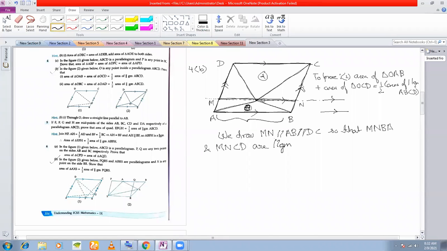So therefore, the area of this triangle, that is OAB, must be half of this parallelogram. So we write: area of triangle OAB must be equal to half the area of parallelogram MNBA.